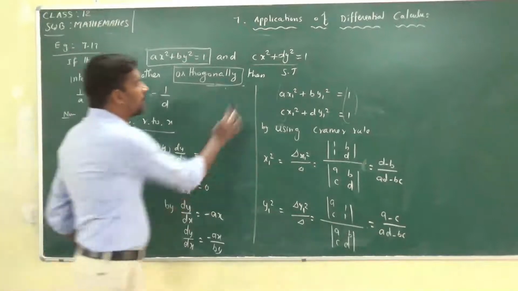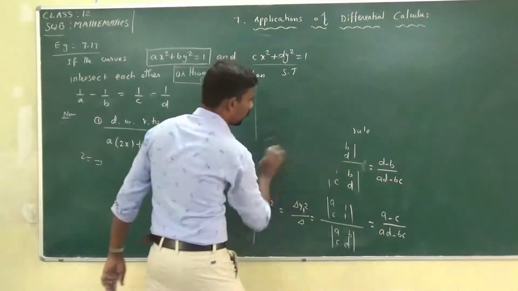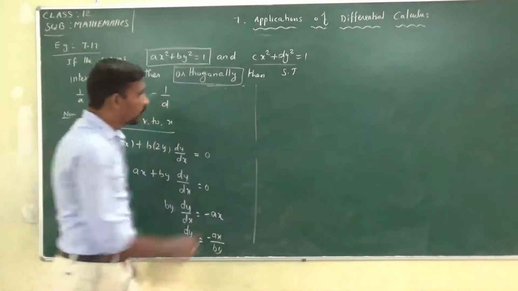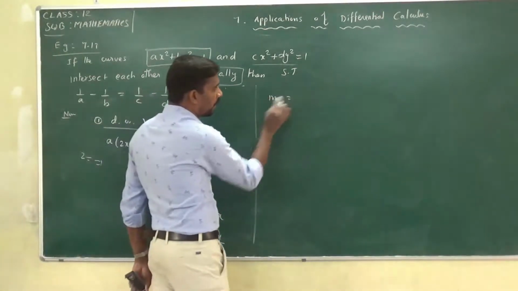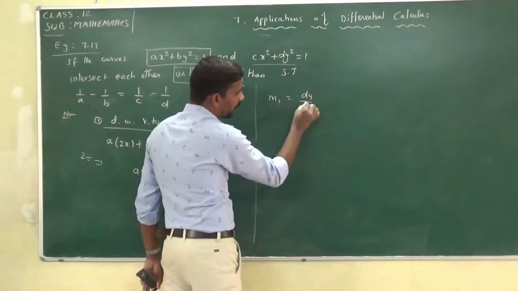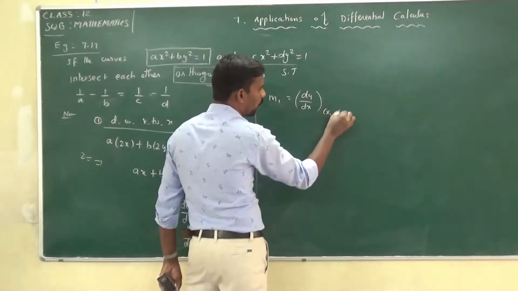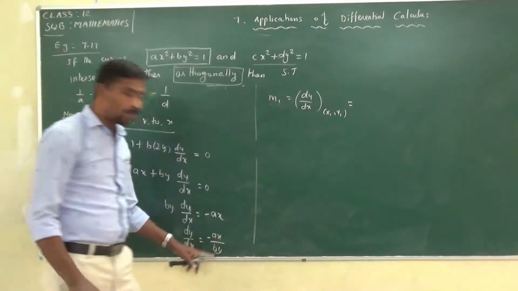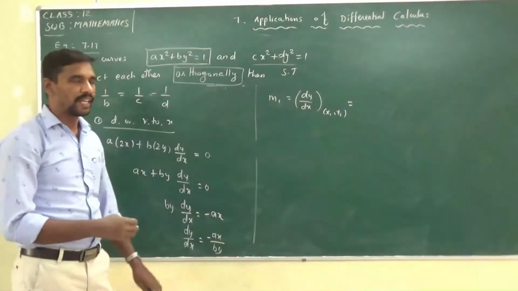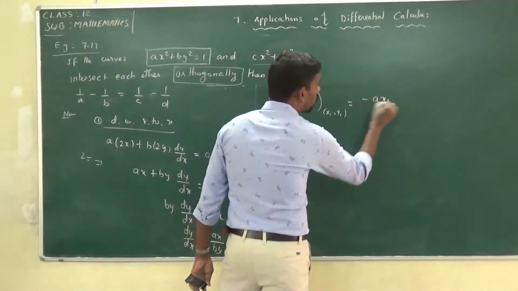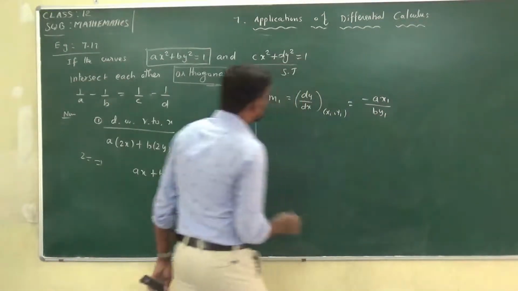So now slope m1. m1 is nothing but dy by dx at the point x1, y1. So instead of x and y, we have to replace x and y with x1, y1. We get minus ax1 by by1.